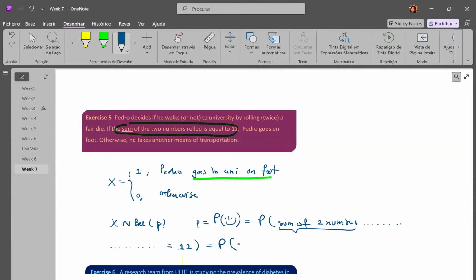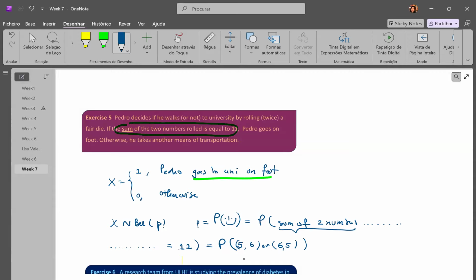Now, I need to get 5 and 6. 5 from the first die, 6 from the second, or 6 and 5. Exactly. So now we're thinking about this as classical probability, and we're thinking like this.